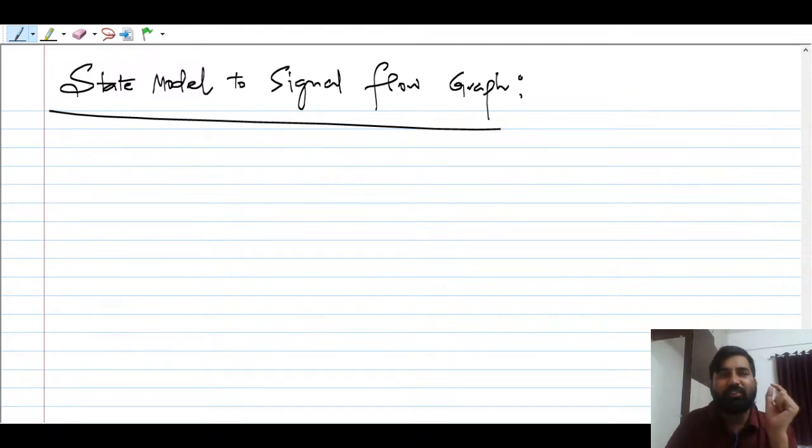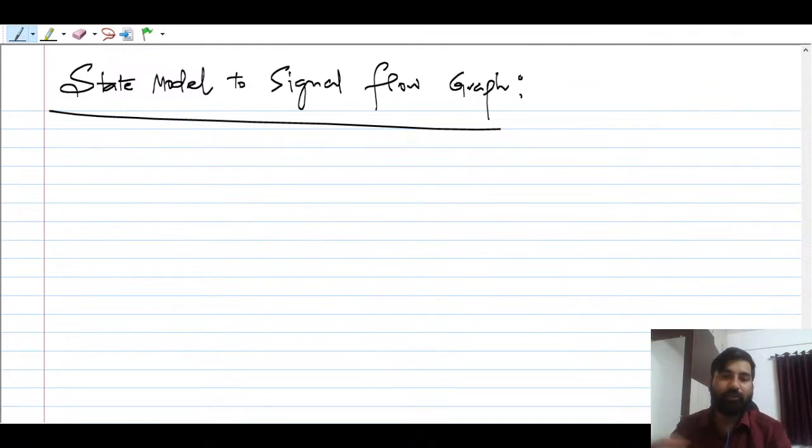If I'm talking about the state model, it means we are trying to find x dot equal to Ax plus Bu. We are writing in that format, so we have to find the matrices, that's it. How do we write this state model from the signal flow graph?